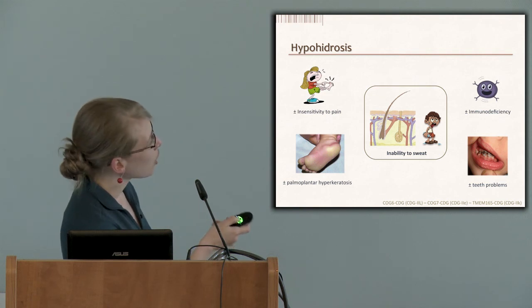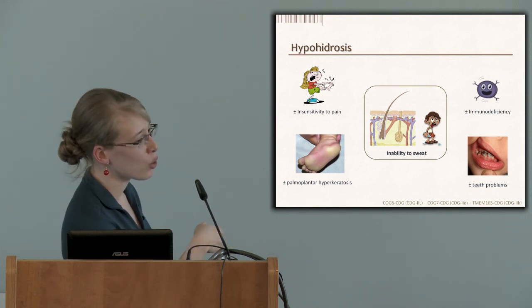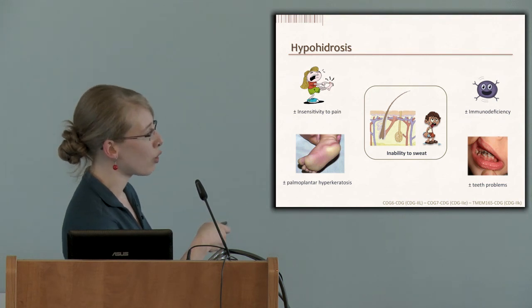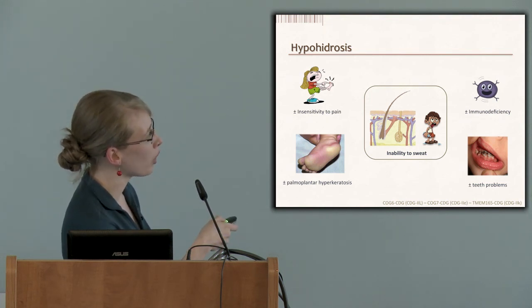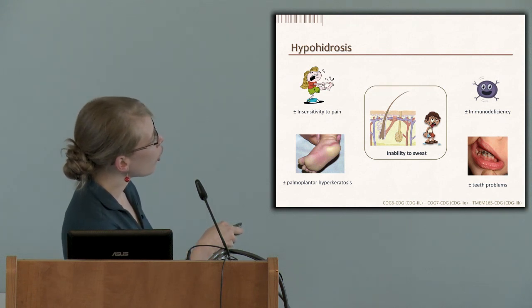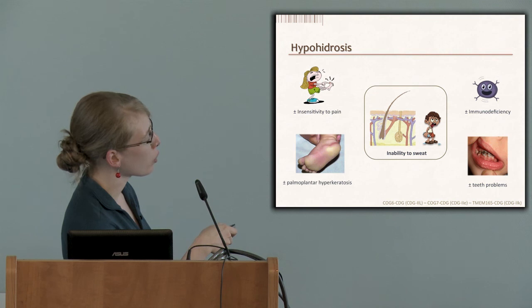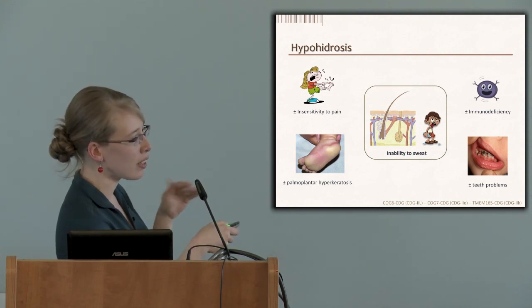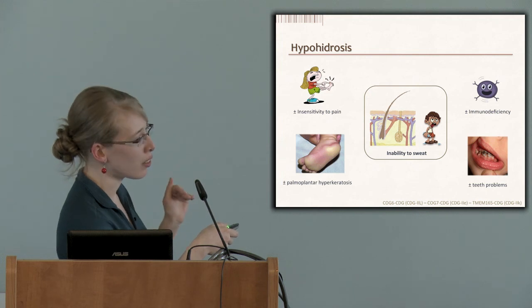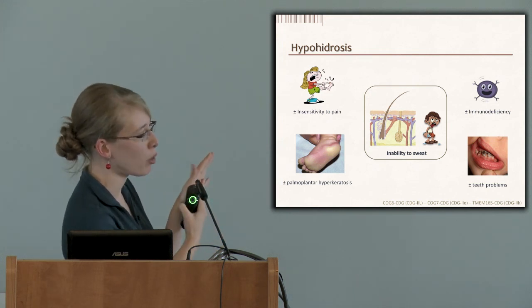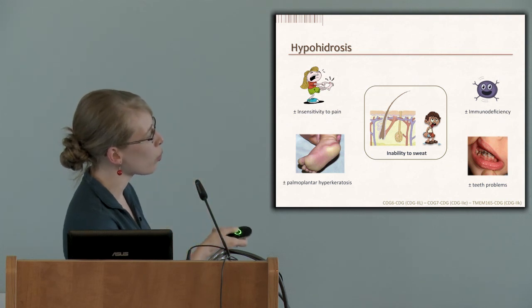Some patients have immunodeficiency, so frequent infections starting from a young age, but also going on later. Something funny called palmoplantar hyperkeratosis means that the upper layer of the skin, the epidermis, is much thicker than normal, so it is really a callus on top of the palms and the soles.